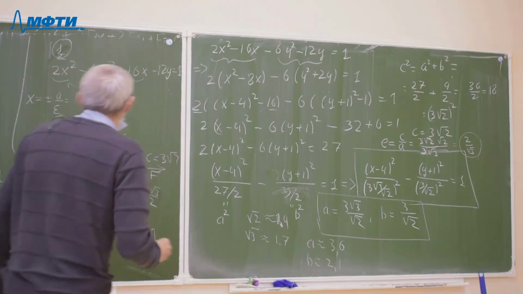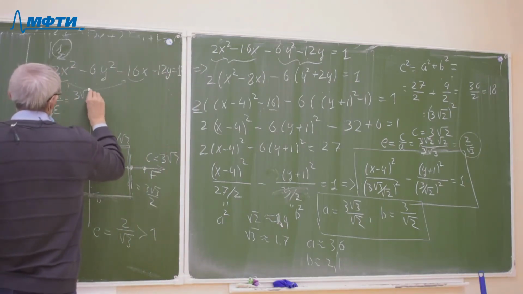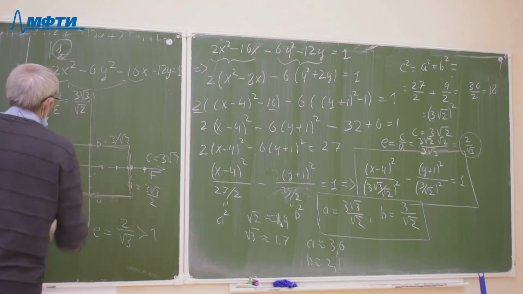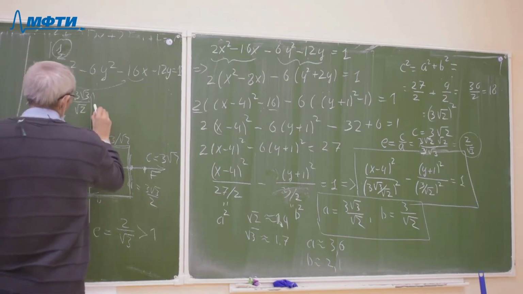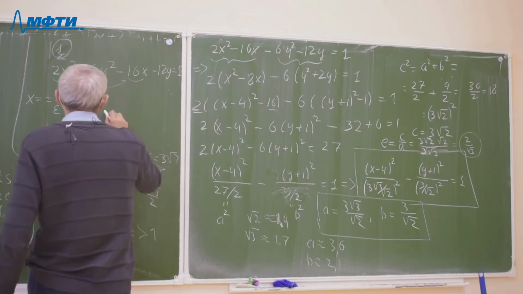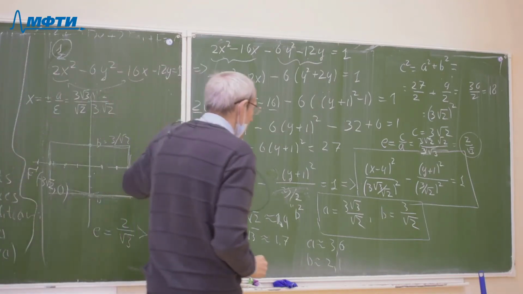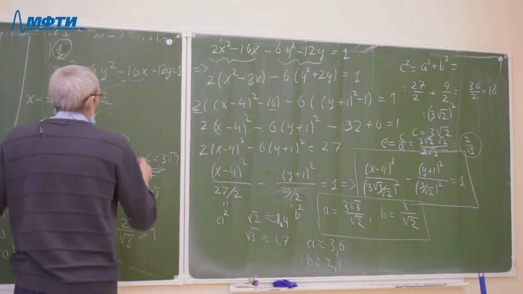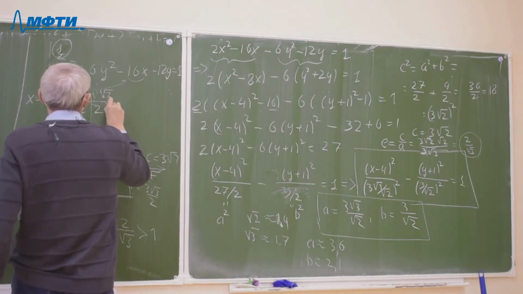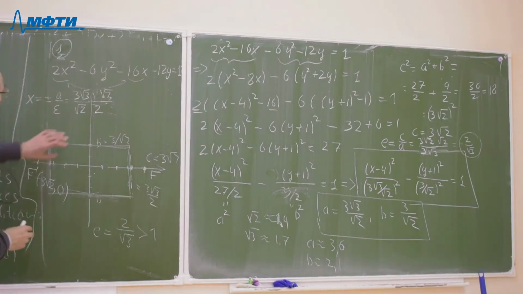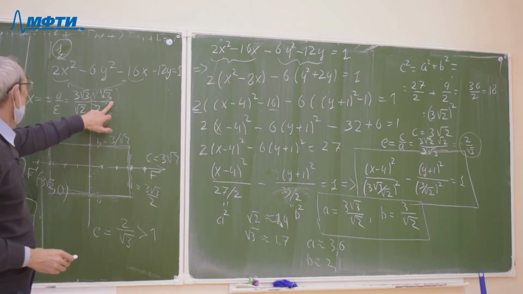A is equal 3 times root 3 divided by eccentricity, the ratio 2 root 3, and inverse to eccentricity, the ratio root 3 over 2. I'm sorry.